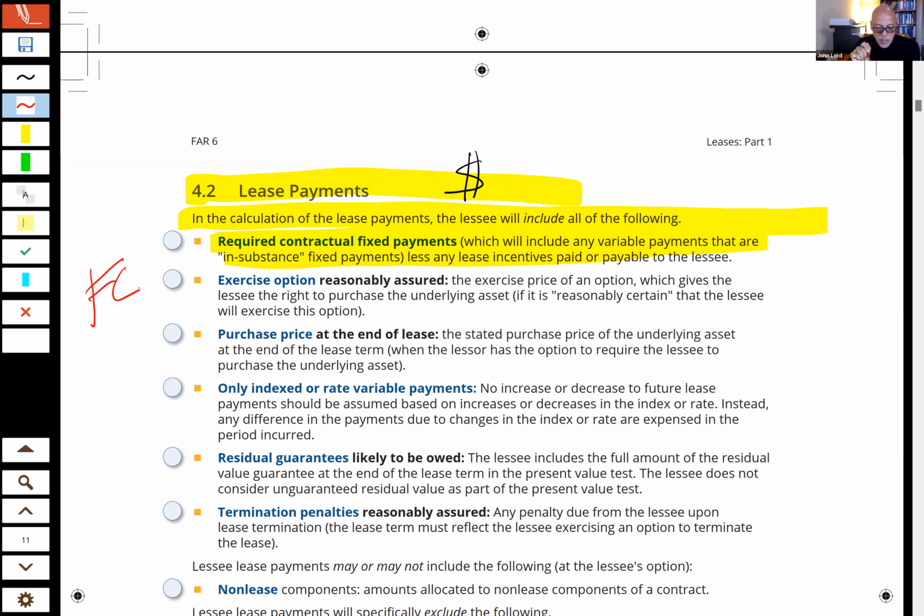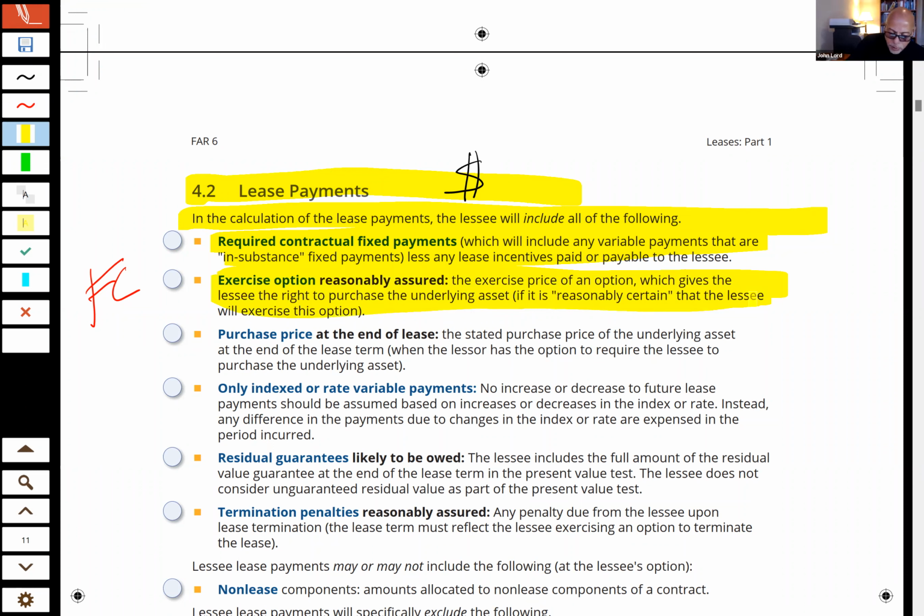So the contractual payments, you know, it'll say you're leasing this for $1,000, $5,000 a year or something like that. Okay, the exercise option, reasonably assured, what are you going to have to pay? So if it's looking like you're going to have to pay money out and you think you're going to exercise that option, that's money going out.